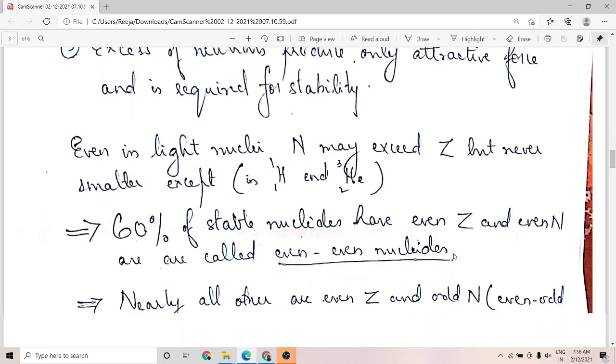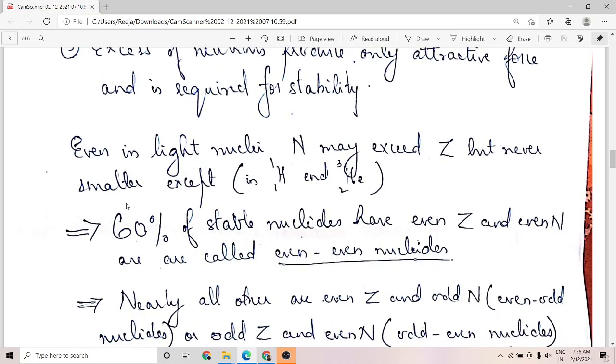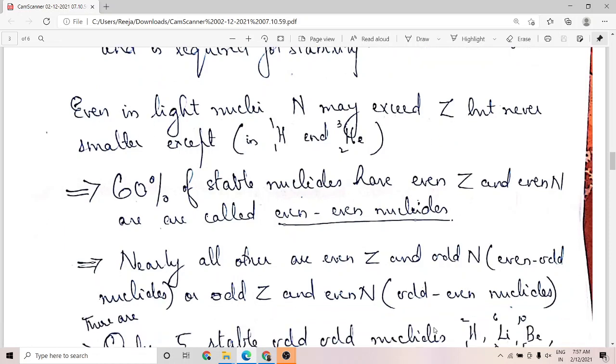Next, out of all the stable nuclides, about 60% are even-even nuclides. That is, even number of protons and even number of neutrons. Nearly all the others are even-odd or odd-even nuclides. Even-odd means even number of protons and odd number of neutrons, or odd-even means odd number of protons and even number of neutrons.